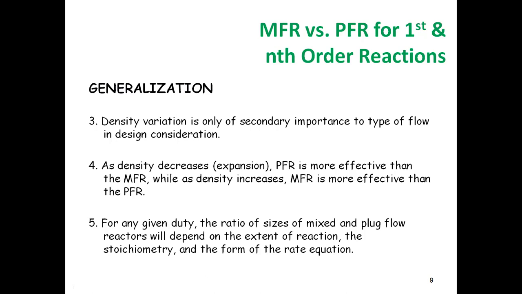For any given objective or duty, the ratio of the size of mixed and plug flow reactors will depend on the extent of reaction, of course, that's your X sub A, the stoichiometry, the balanced chemical reaction, and the form of the rate equation. So you have the stoichiometric equation, the rate law, and the XA. The ratio of the mixed to plug flow sizes will be dependent on these three.